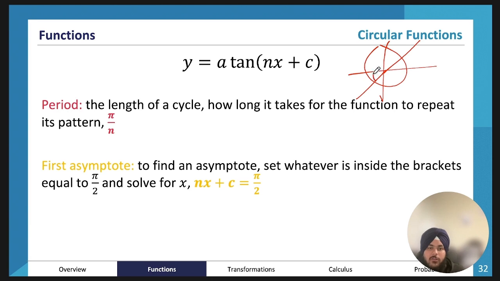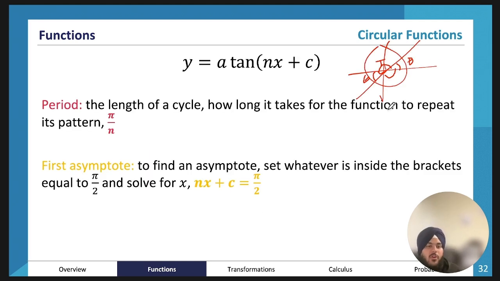So if this angle is the same as this angle over here, there's no point in doing plus 2 pi, because you'll miss some of the values. So we just add pi to get to that value, and then add pi to get to the next value, and so on and so forth.